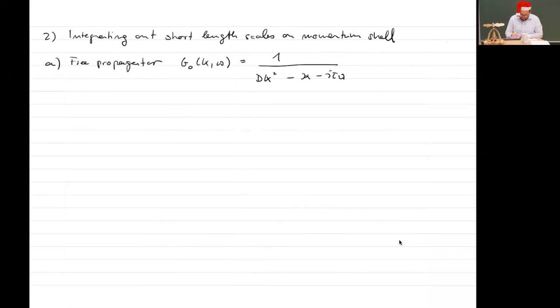And now, to first order, the propagator is renormalized by the following thing. So what we actually have is the inverse of this, so one over this.